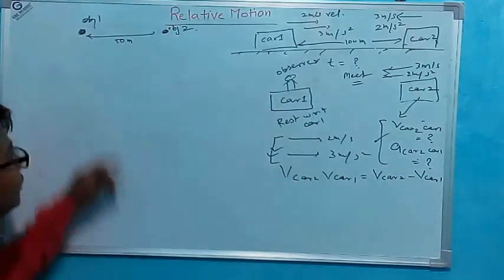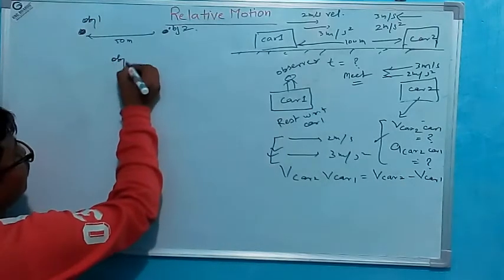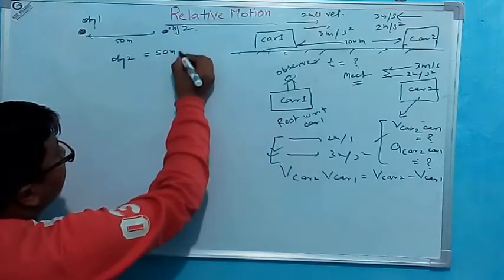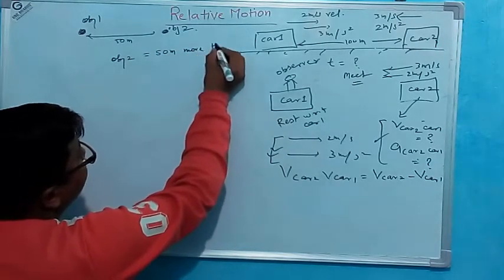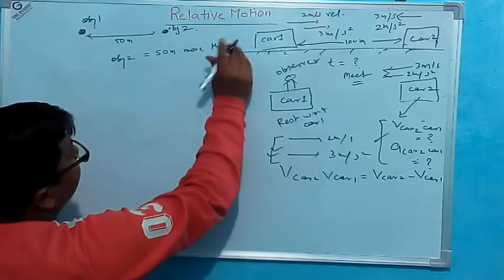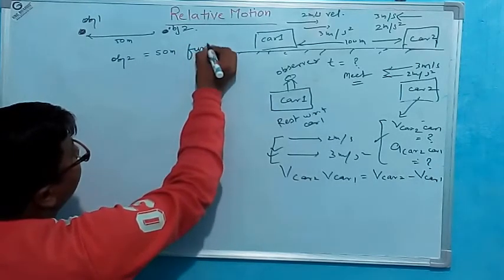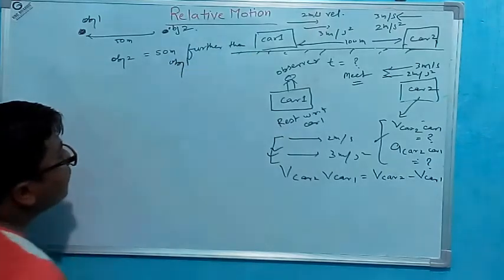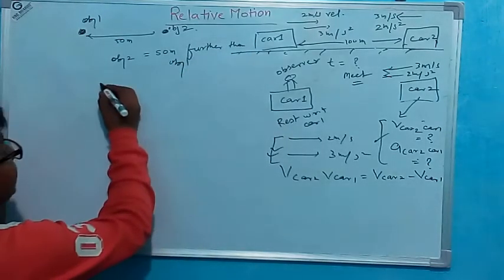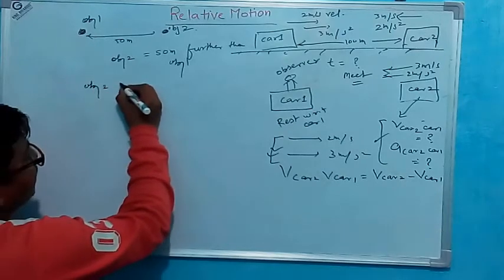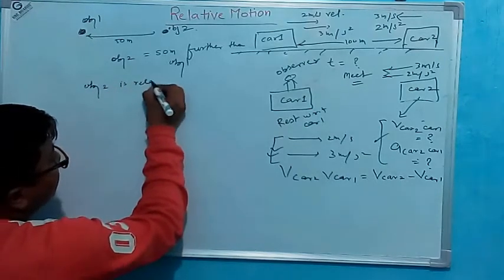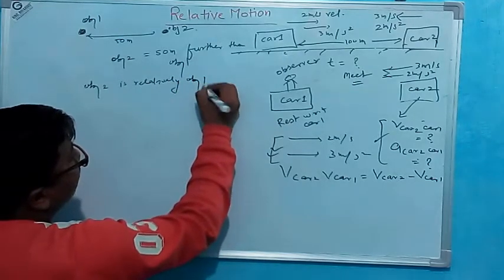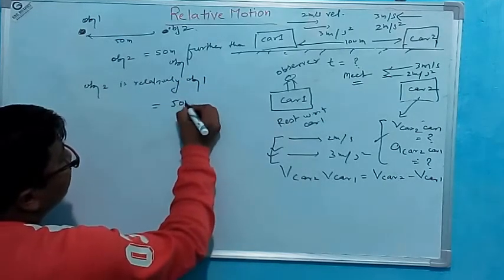We can say that object 2 is 50 meter further than object 1. So we have to say that object 2 relative to object 1 is 50 meter further.